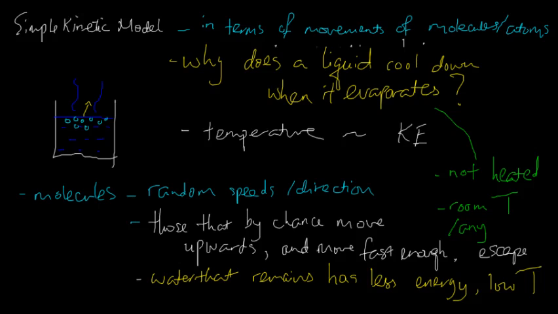Now, if I blow at this, maybe with a fan or just blow at it, it will help the water to evaporate faster. Why is that? Why is it that when you blow at the water it can evaporate faster?